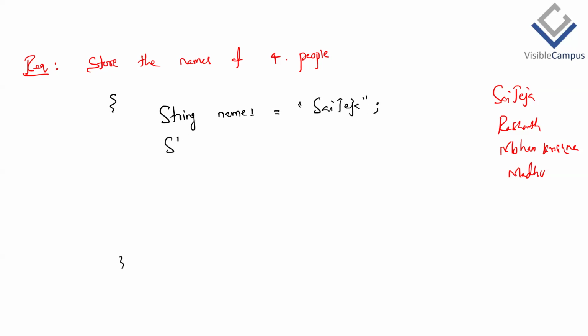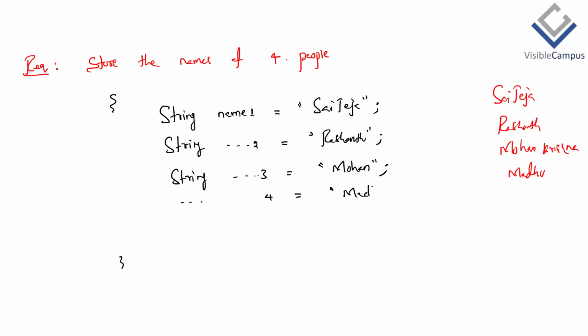Then once again string name2 with the second person's name in double quotes. Like this, next string name3 equals Mohan, and then string name4 equals Madhu. So this is the approach.